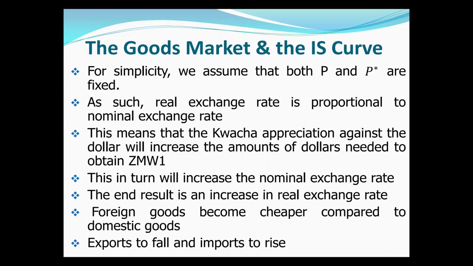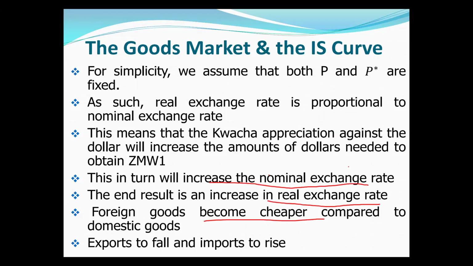So now, this message you should pick it properly, like you find so many questions in those papers you sent me. So what will happen when that happens? Then the nominal exchange rate will increase, okay? And the real exchange rate will also do what? Increase. What will happen to the foreign goods?